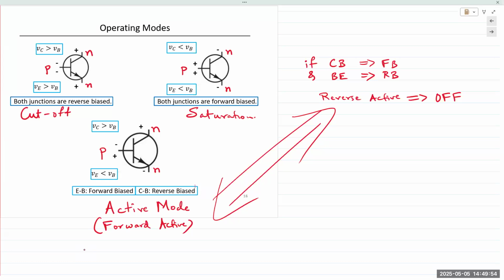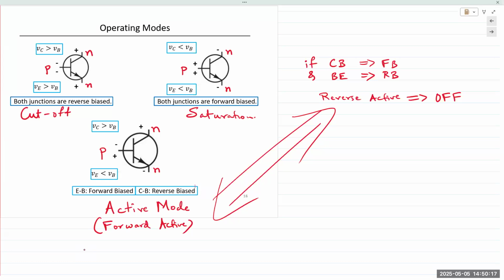The transistor is completely off. So in general, this also leads me to the important point that if you check the base emitter junction first, and it is not forward bias, then the transistor is off. And we don't need to check anything else anymore.